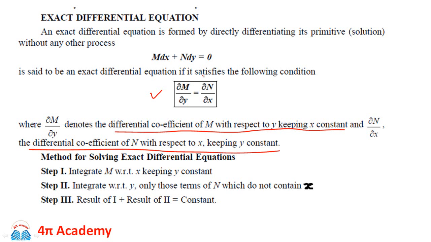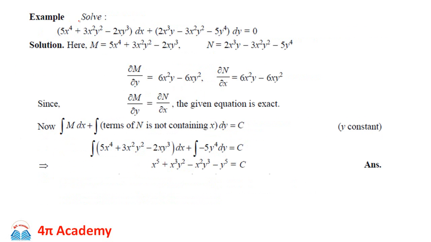We'll take one problem, and then you will have a clear understanding of how to solve this exact differential equation. Say (5x raised to 4 plus 3x square y square minus 2xy cube) dx plus (2x cube y minus 3x square y square minus 5y raised to 4) dy is equal to 0.